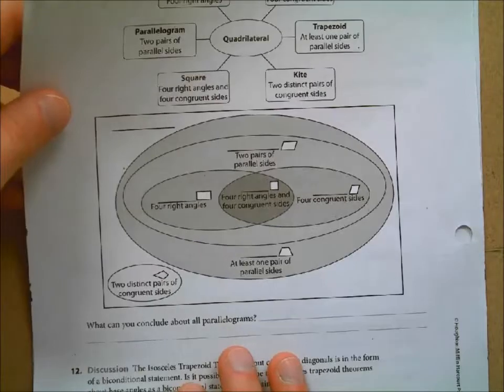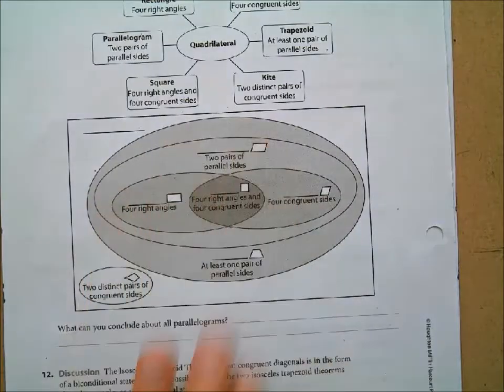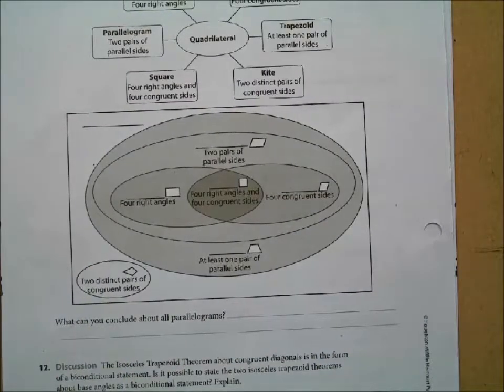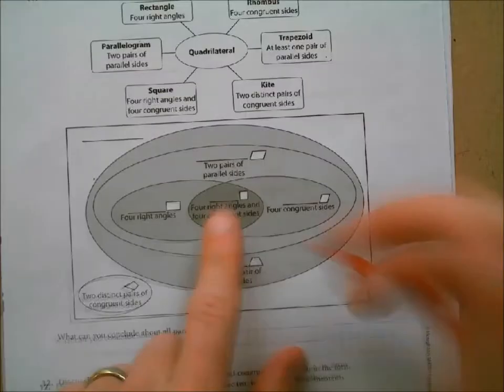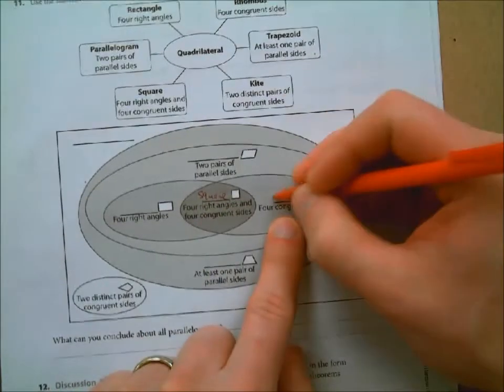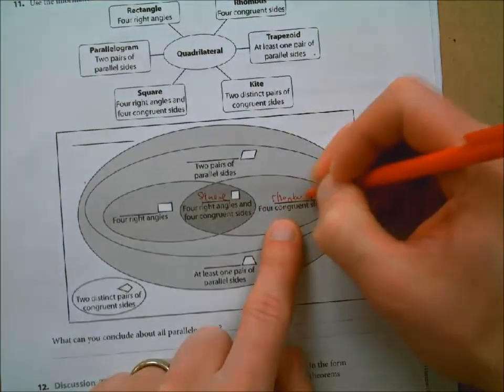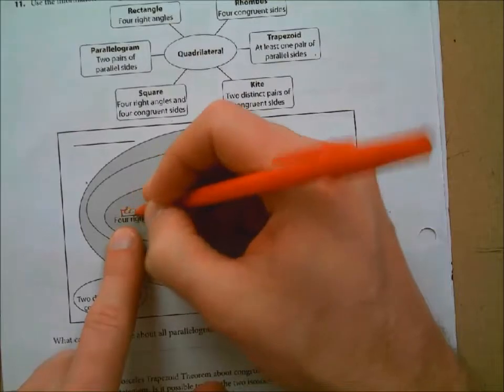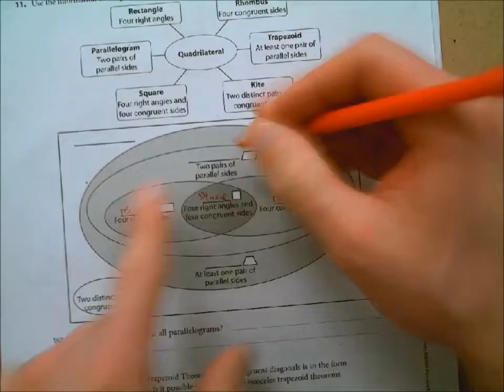Well, on page 478, there is the last Venn diagram with everything on it that we've talked about. We've got the square in the center. We've got the rhombus here. We've got the rectangle here. We've got the parallelogram here.